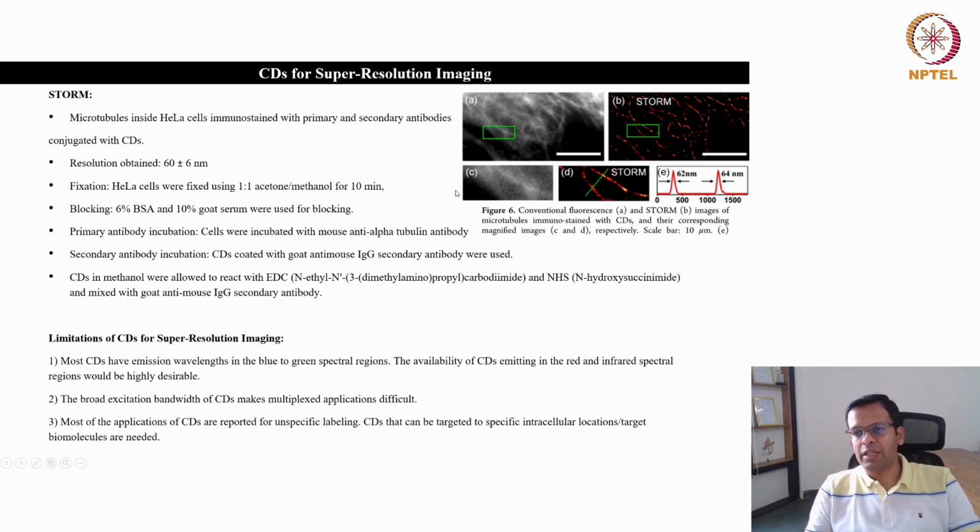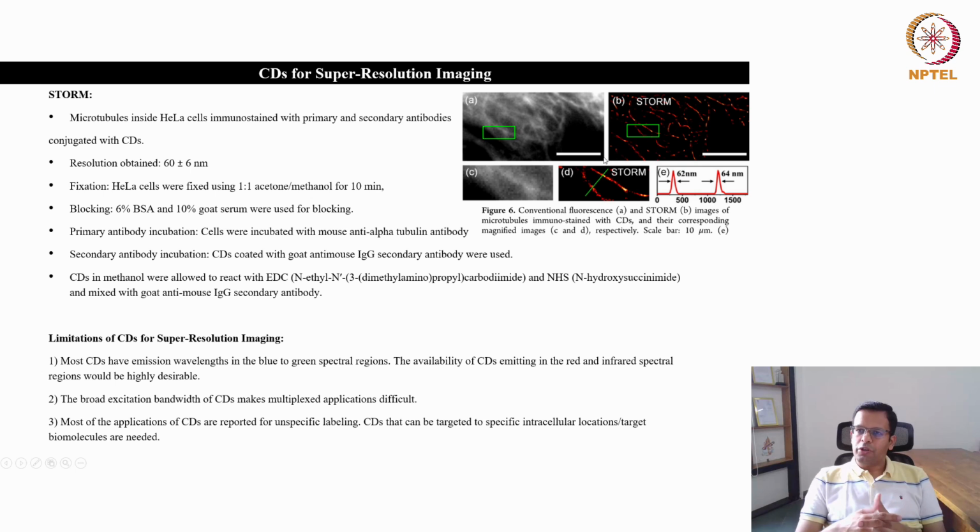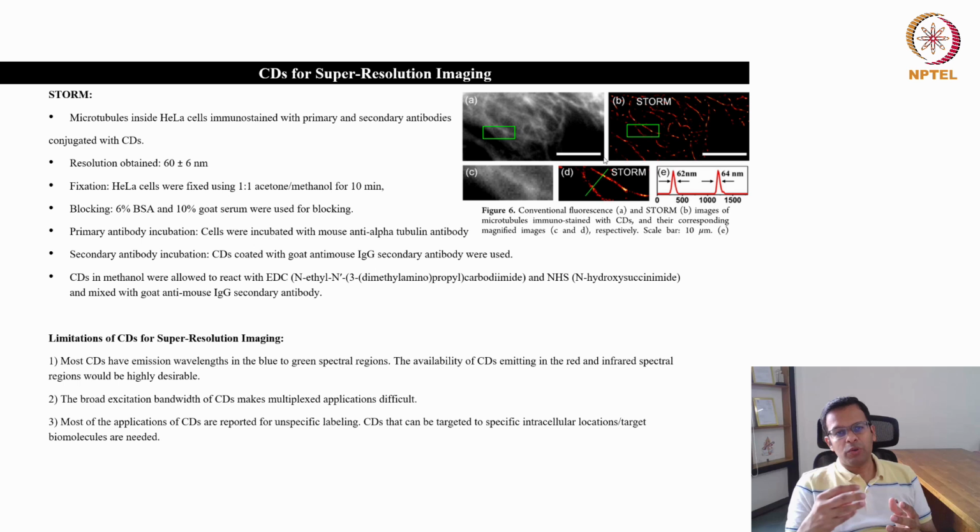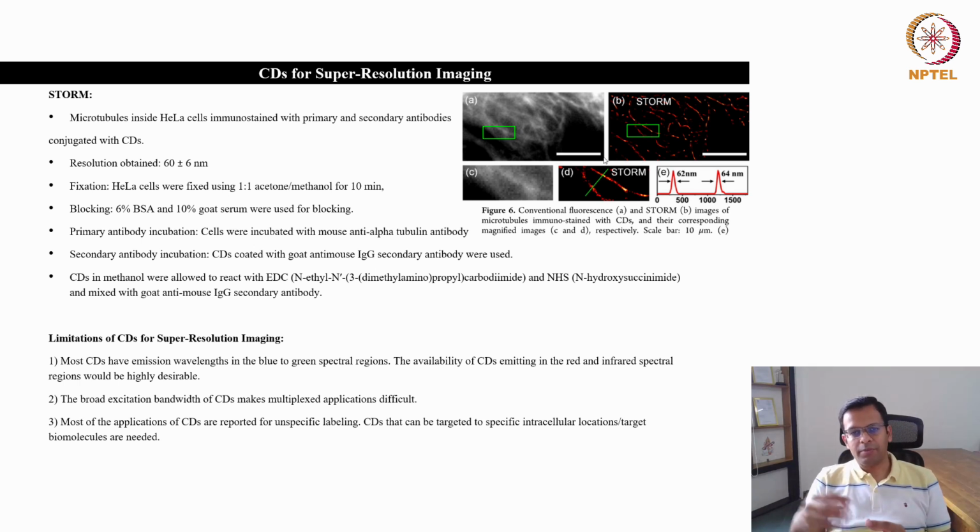Although here we saw one application in which you can coat your carbon dots with secondary antibodies and use them for imaging specific proteins inside the cells, that is in fixed cells. In live cells, if you want to target carbon dots to a specific cell organelle or protein, those kinds of applications are limited.